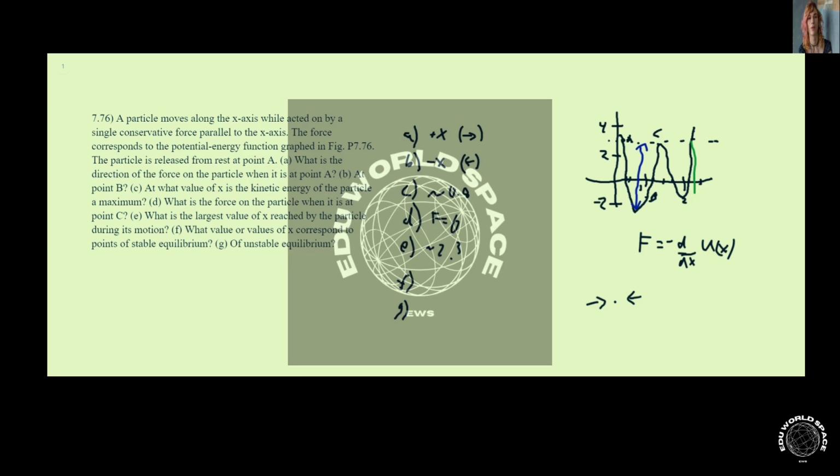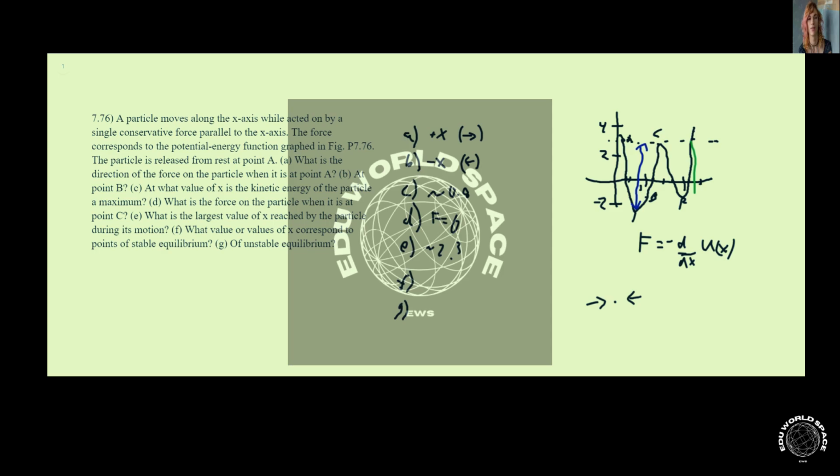It means that we have a positive force, which means a negative slope, on the left side, and on the right side we have a negative force, which means a positive slope. Points where that occurs are right here and right here. That would be at the troughs of the potential energy function.